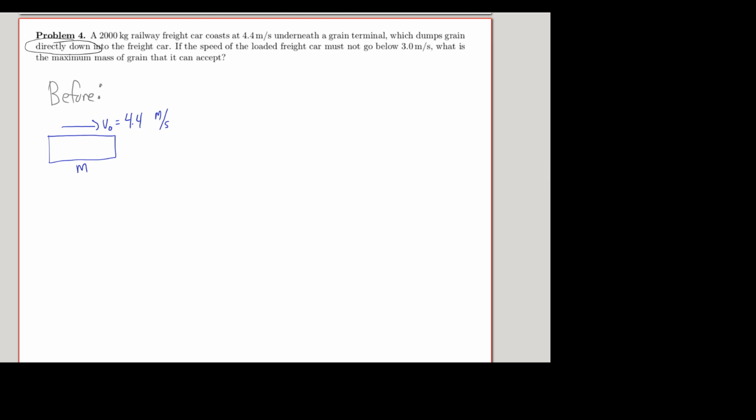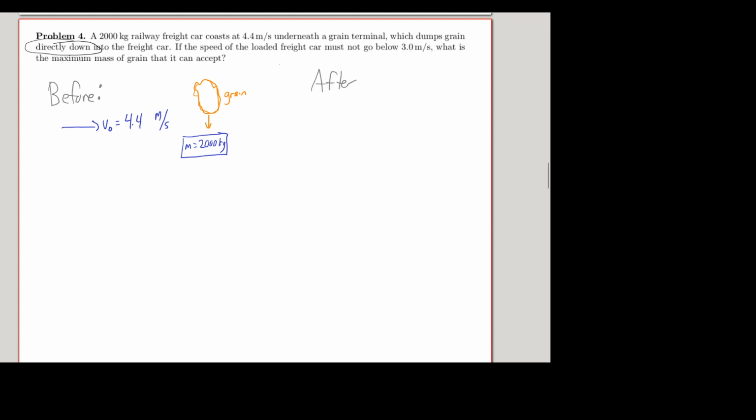And actually, let me draw this over here, because I also need to draw the pile of grain that's being dropped into it straight down.